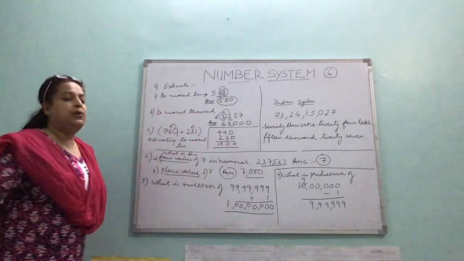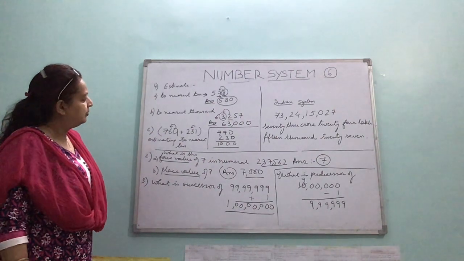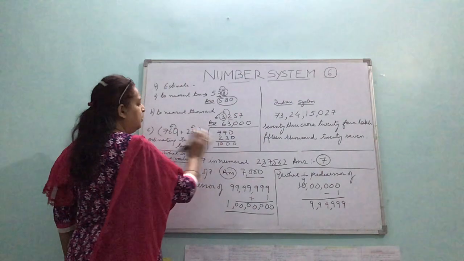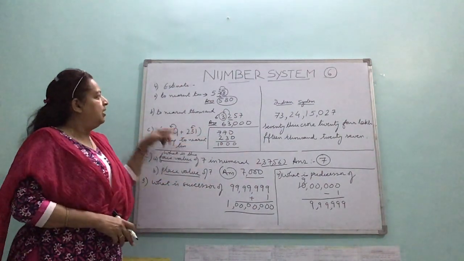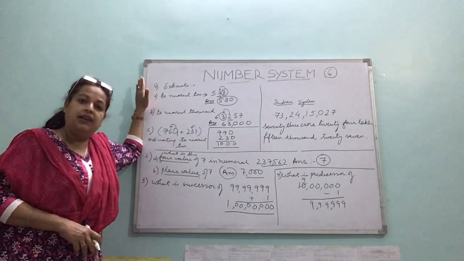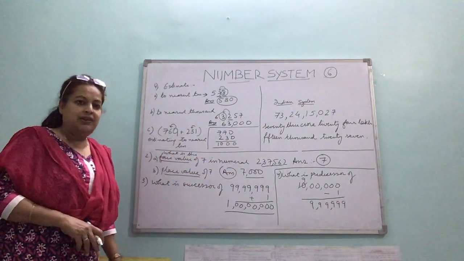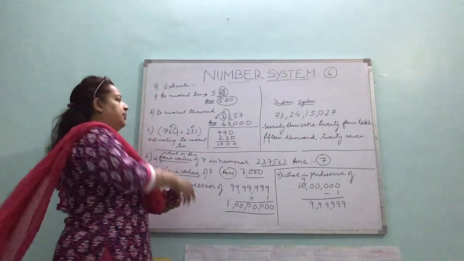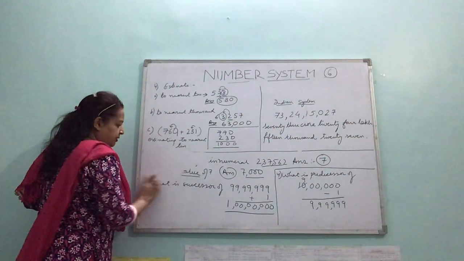So the sum would be 1000. So this is roughly on estimation: finding estimating sums, estimating differences, estimating products, estimating quotients, and all. Then in building numbers, I'll take one question on building numbers also.